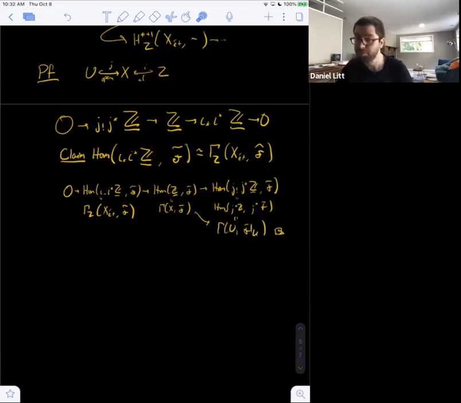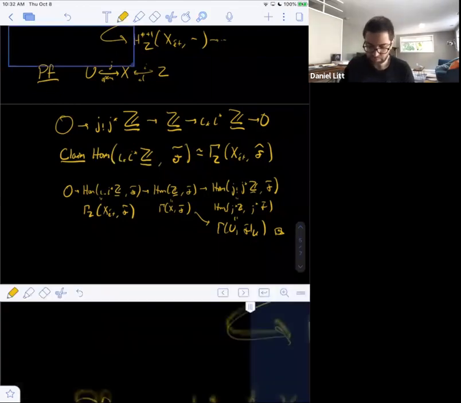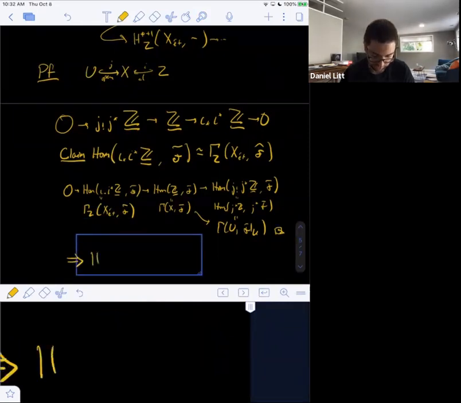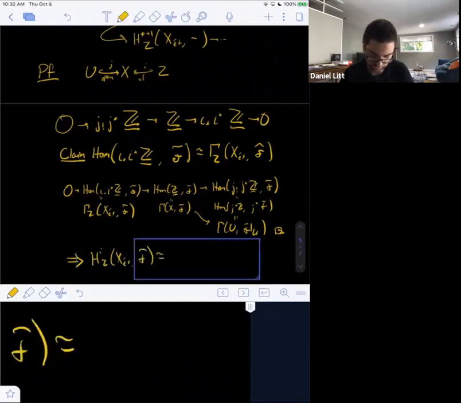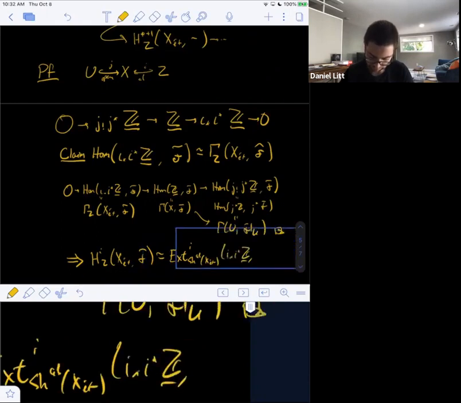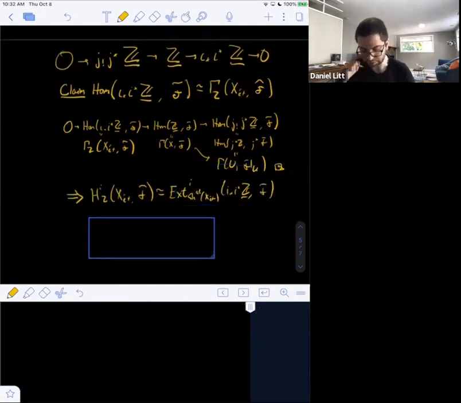I claim that this claim implies that H^i_Z of X étale, F is canonically isomorphic to Ext^i in the category of abelian sheaves from I lower star, I upper star, Z into F. Why? Because they agree for i equals 0 by what we just proved, and derived functors are determined by the thing they're a derived functor of.